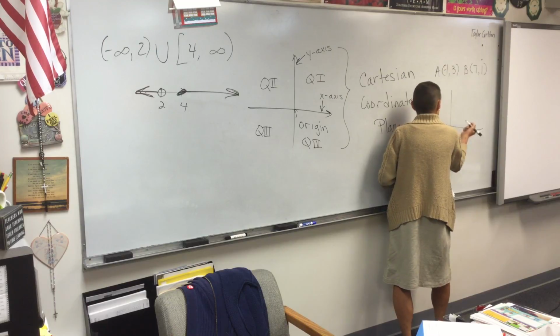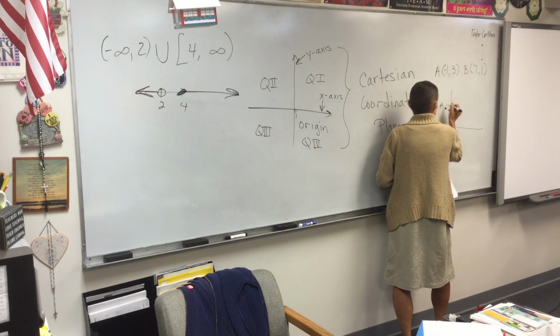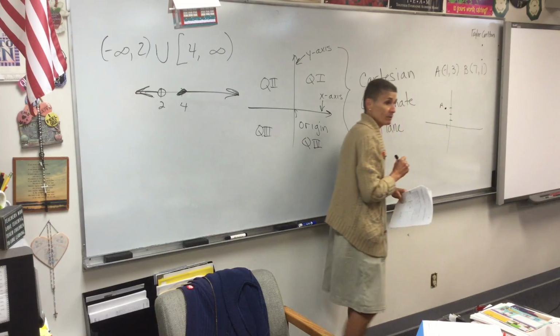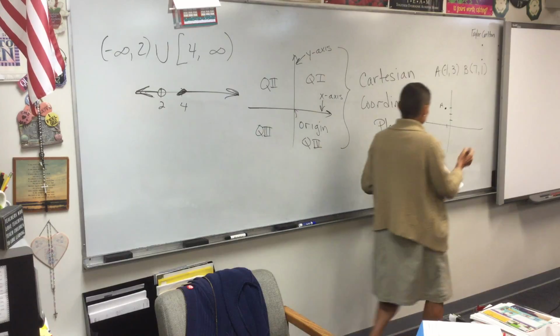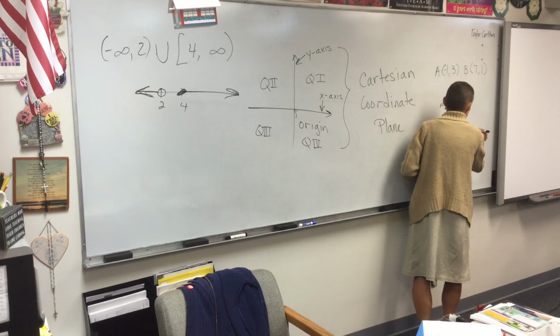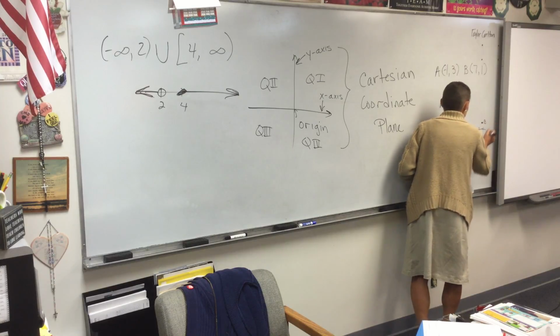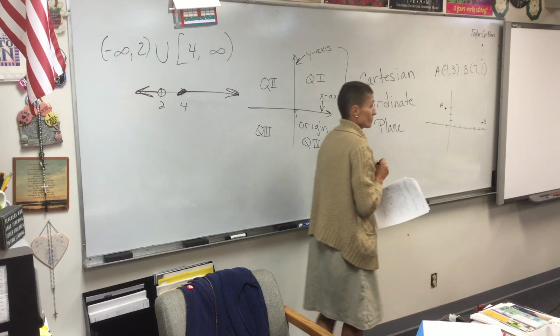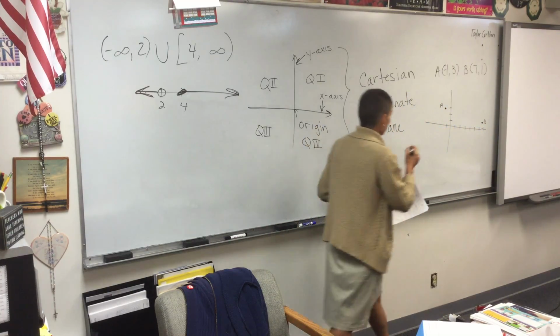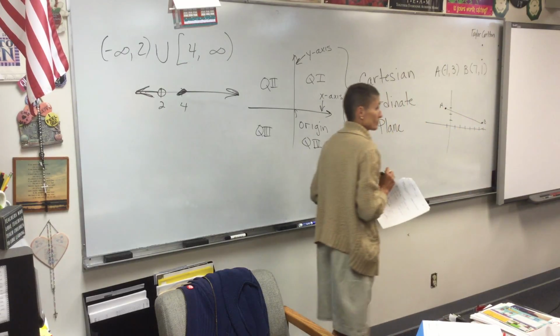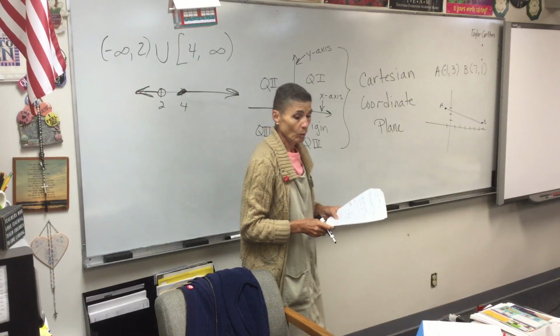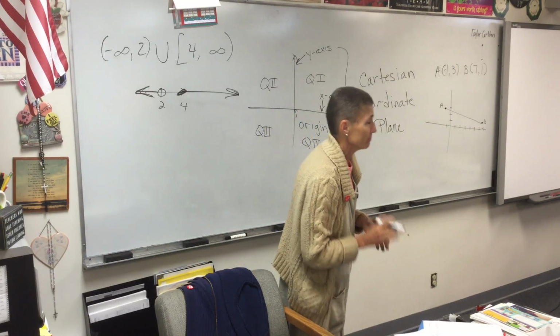Over left 1 and up 3, that's point A. Does that look okay to everybody? Remember how to do that? And then 7, 1: over 7, up 1. There's B. Now we could certainly connect those two dots, couldn't we? But that isn't what we're doing in this problem.